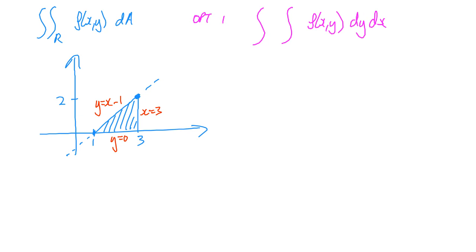So the lower limit of y is always 0. The upper limit of y changes because it's on the line, and it's x minus 1. So in this case, it will be from 0 to x minus 1. Then x will vary between 1 and 3.